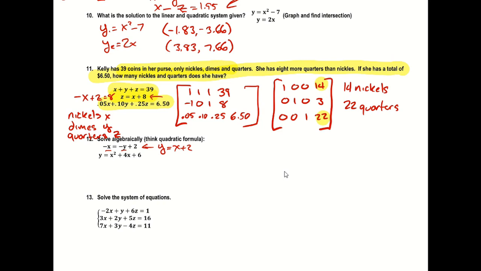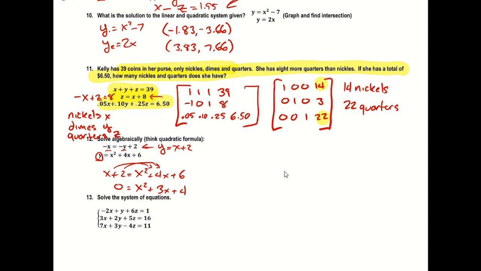Now, since y equals x plus 2, we can substitute out for this y right here. And we have x plus 2 equals x squared plus 4x plus 6. Subtract these from both sides, and we have 0 equals x squared plus 3x plus 4.